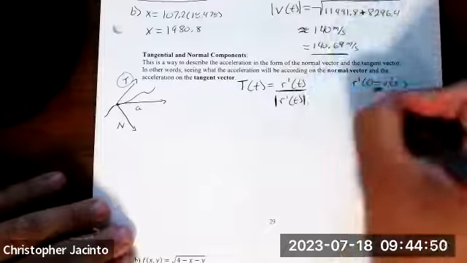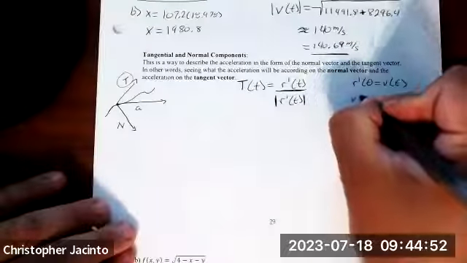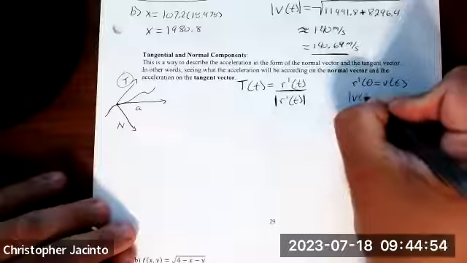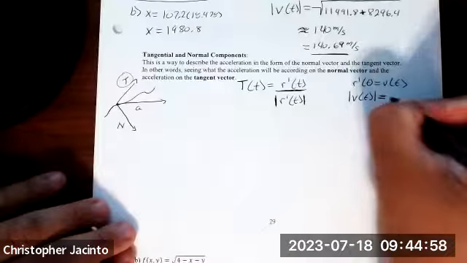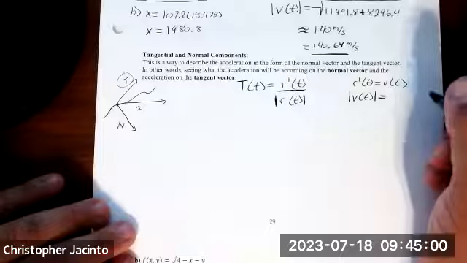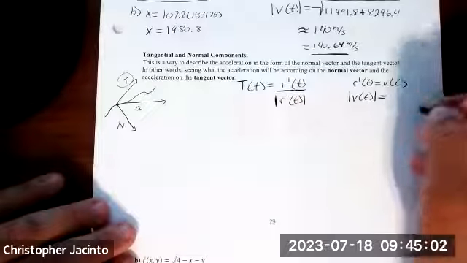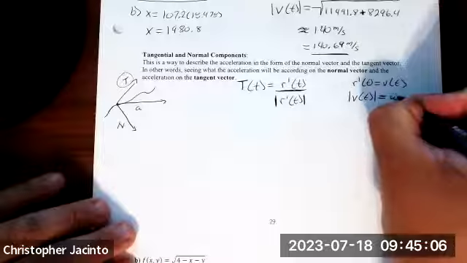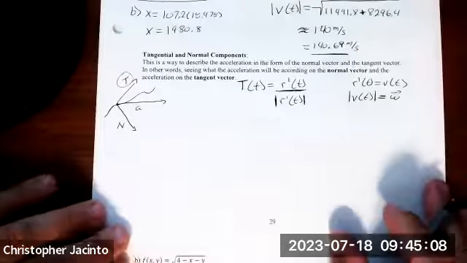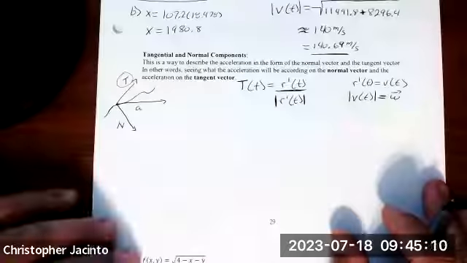If I plug everything in, I'm just going to call the length of this velocity vector some value, what's a good letter? W. Let's call it W. We haven't used W yet.